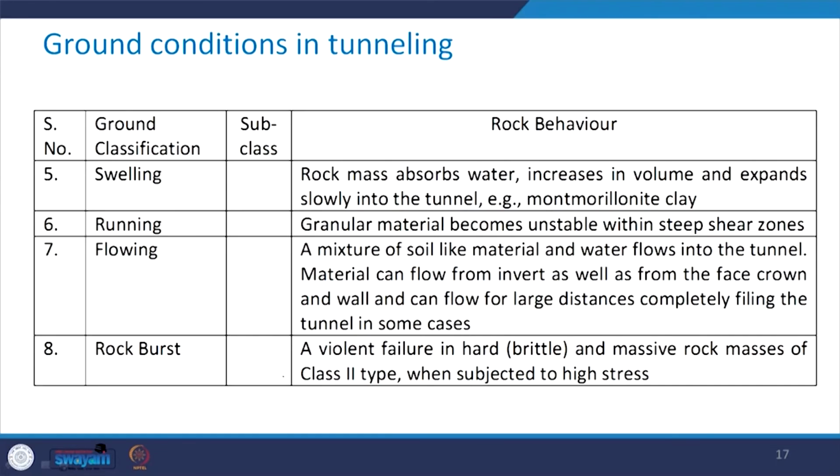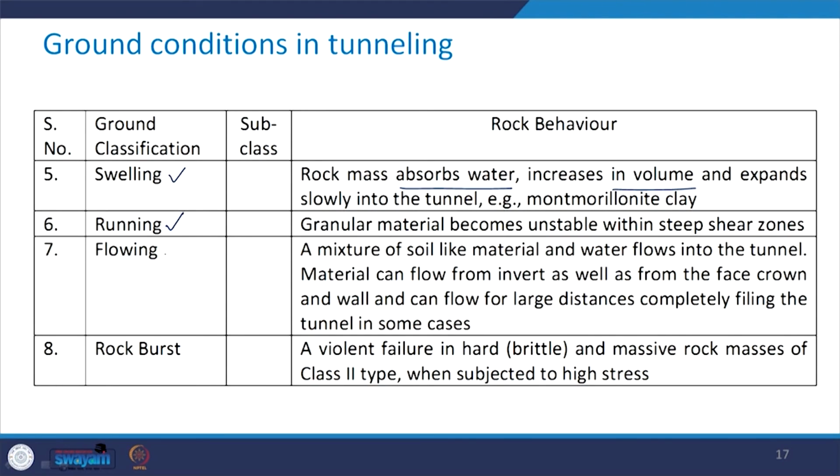The next category is swelling. In this case, the rock mass absorbs water, increases in volume and expands slowly into the tunnel. Wherever you have a mineral like montmorillonite, you will have such a characteristic in the rock mass. The next ground condition is running ground, in which granular material becomes unstable within steep shear zones.